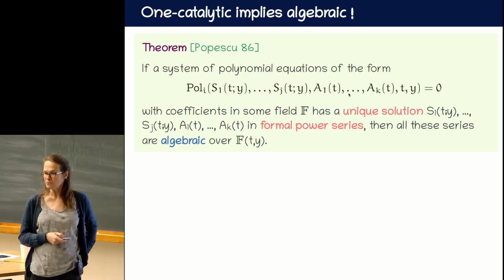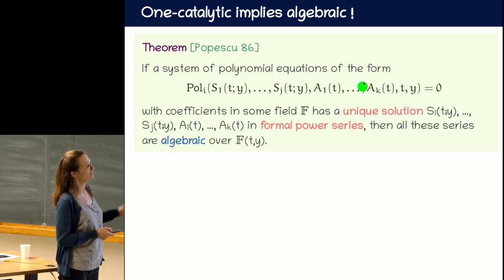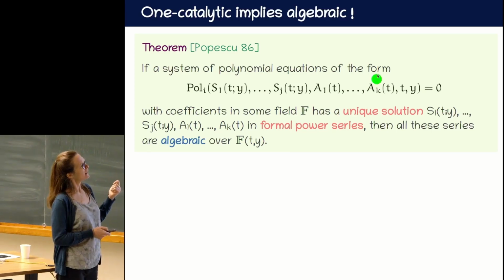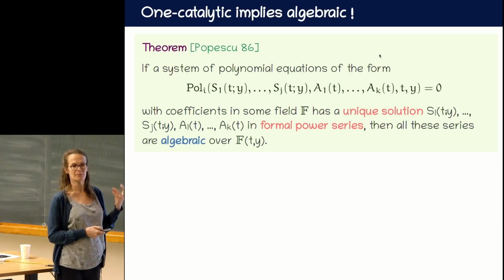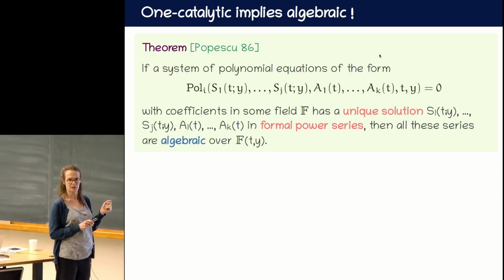And you assume that if you force the solution to consist of formal power series, and you want the k last series to be independent of y, you assume that you have a unique solution to this system with these conditions. Then automatically all these series are algebraic.